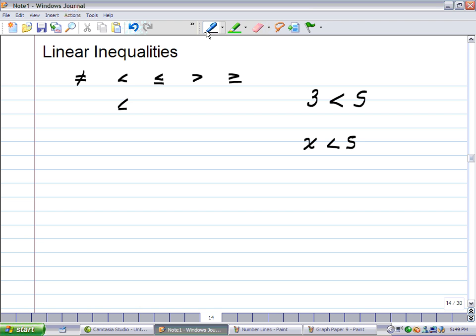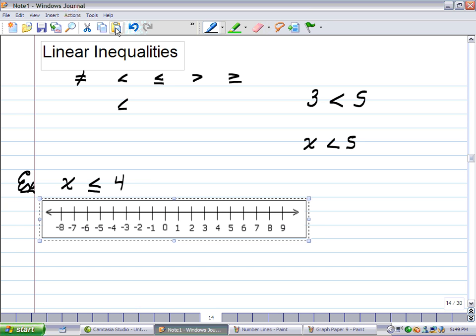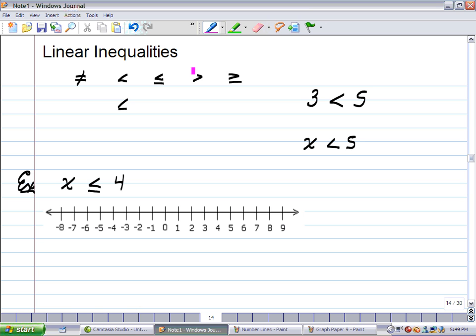Those are the inequalities. We graph inequalities on a number line, and as long as we have the variable on the left side, the inequality is kind of like an arrow. So, example, if we want to graph x less than or equal to 4. So here's a number line, and we want to graph x less than or equal to 4. To indicate that it could be equal to 4, I'm going to put a solid dot.